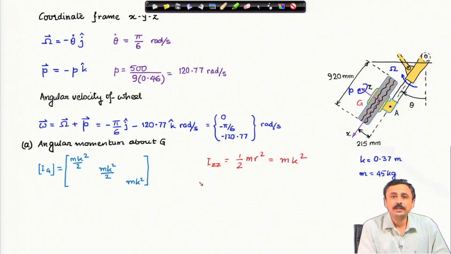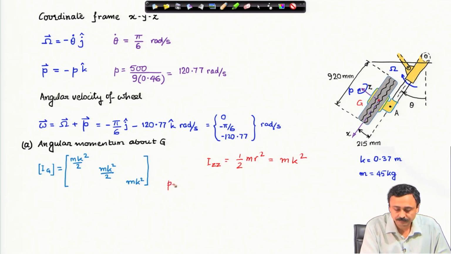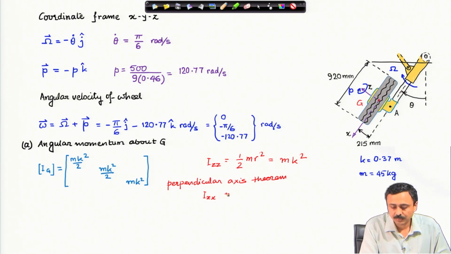Now, to determine the moments of inertia about x and y, we first consider that this is a thin disk and we use the perpendicular axis theorem, which states that I x x plus I y y must be equal to I z z.